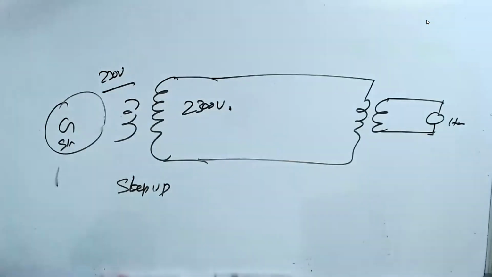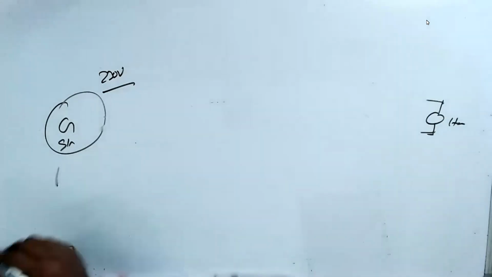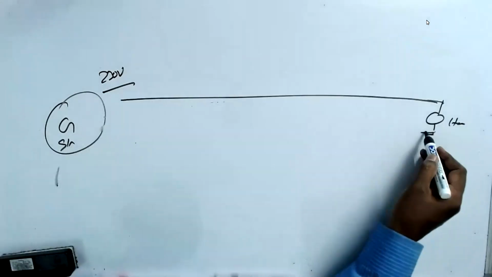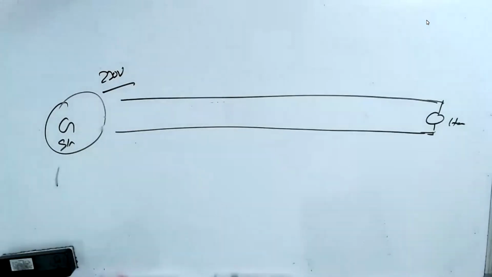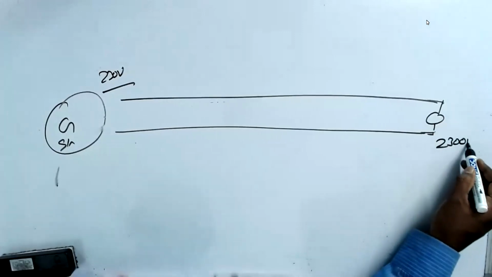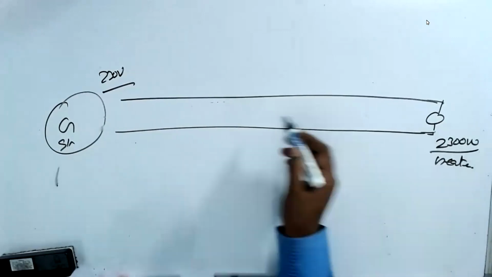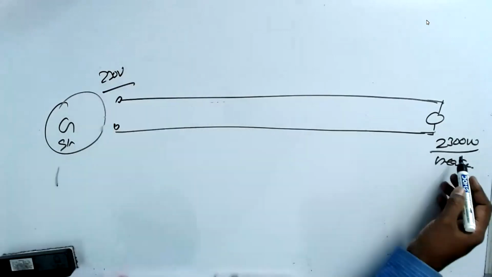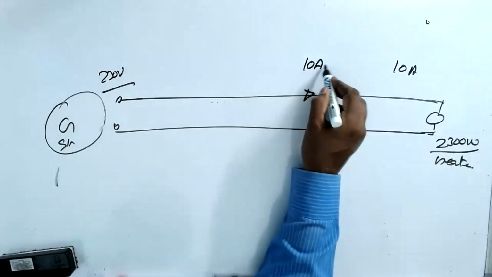Now, first we assume that we don't do that. From the long cable, I connect this one. So the same 230 volt comes to you. And you are using a 2300 watt heater. Then the current is P by V, 2300 by 230 volt, about 10 ampere. The current passing through is 10 ampere.